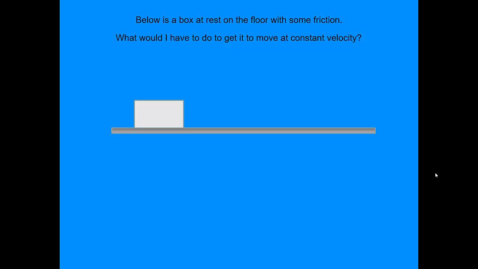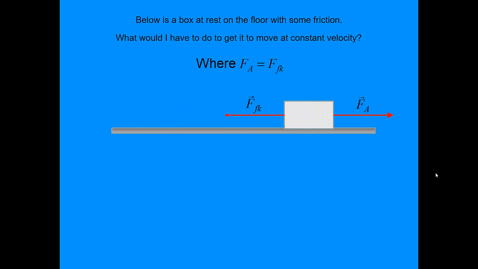But how much of a force? Well, if I wanted it to move at constant velocity, the forces would need to be balanced, and therefore I'd have to apply an applied force just as big as the force of kinetic friction, and then it would move constantly. It would be in balance, if you will. Right? Move with a constant velocity.